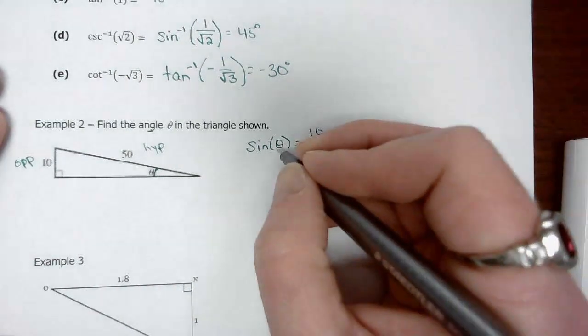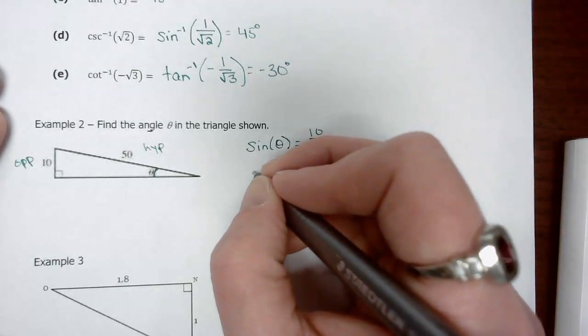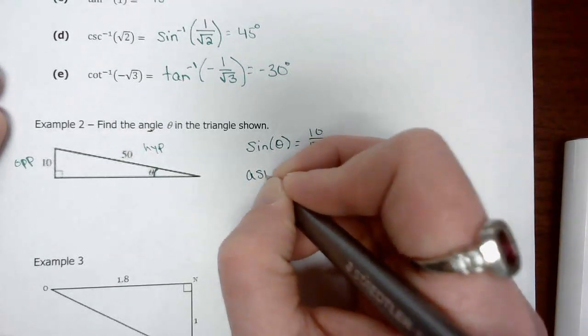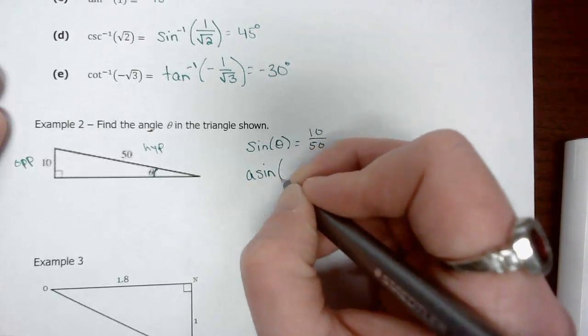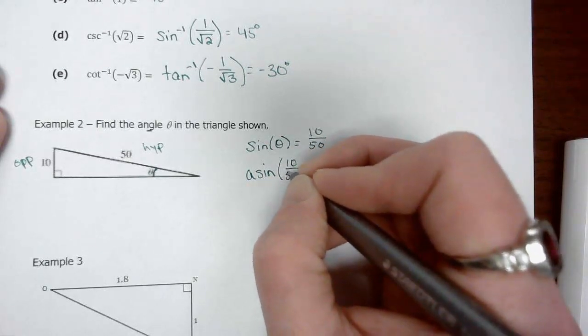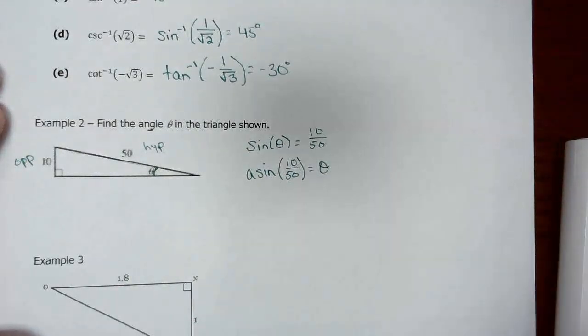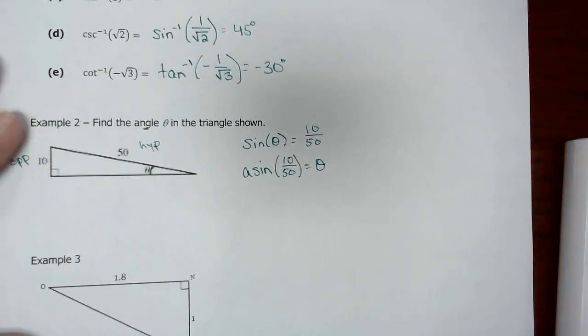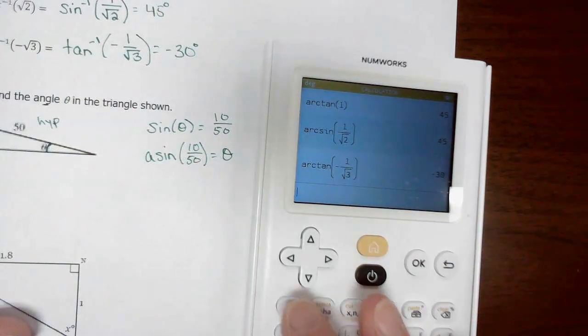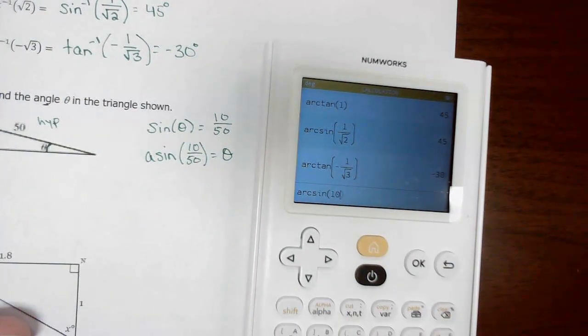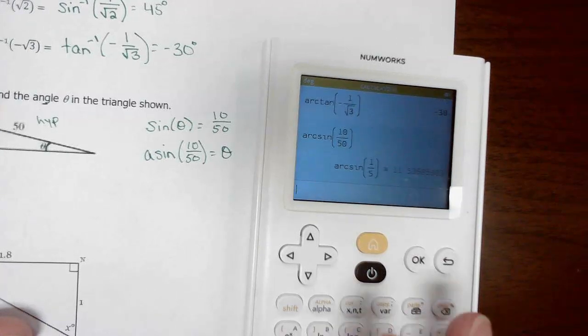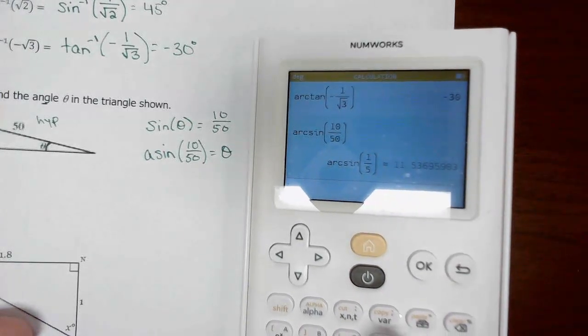Now if I know the ratio and I'm trying to find the angle, I'm going to do the inverse sine. So I'm going to just do A sine. So you get used to what it's going to look like in the calculator. If I do the inverse of sine, arc sine, it's going to give me the angle for that ratio. And it gives me 11.537.